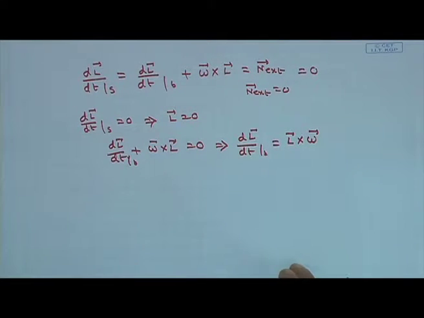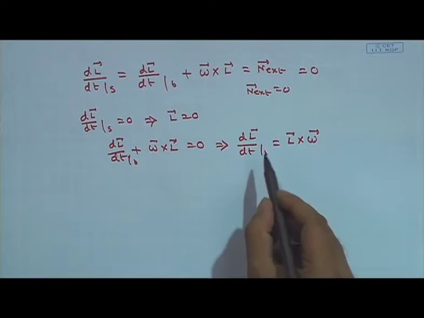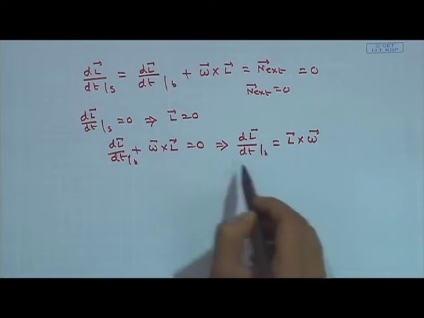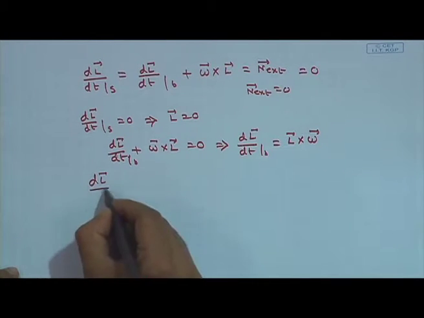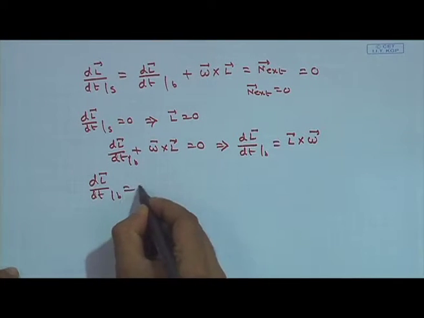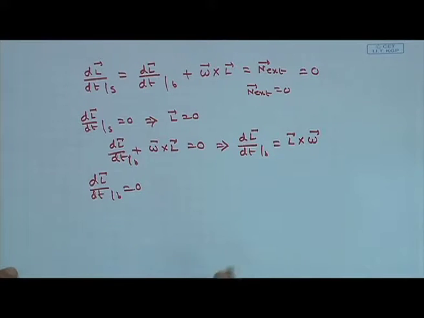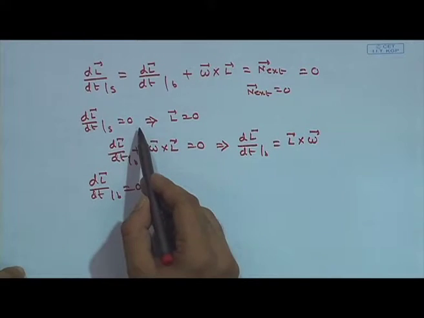Now, when we are discussing uniform rotation, uniform rotation around a body axis will mean that (dL/dt) body will also be equal to 0, right? Because that is the definition of uniform rotation. When we are measuring from the space set of axes, we set (dL/dt) space equal to 0.